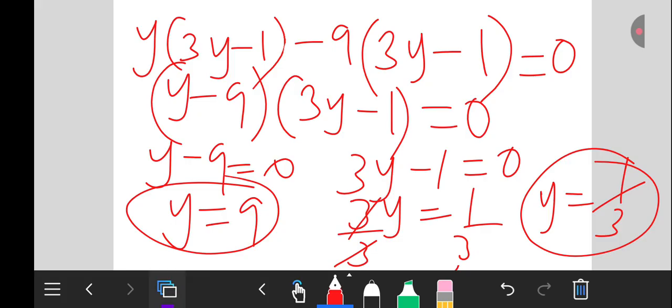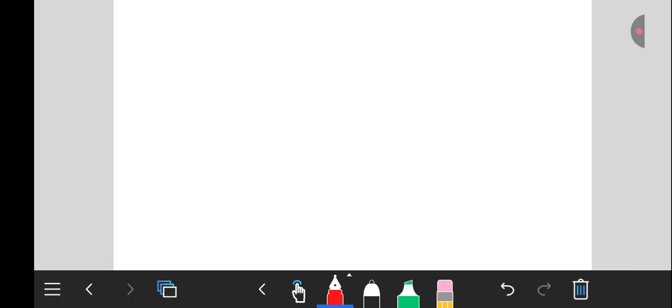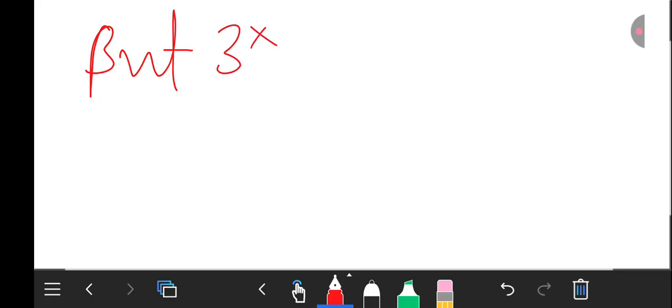Okay, we had to let 3 to the power x be equal to y.